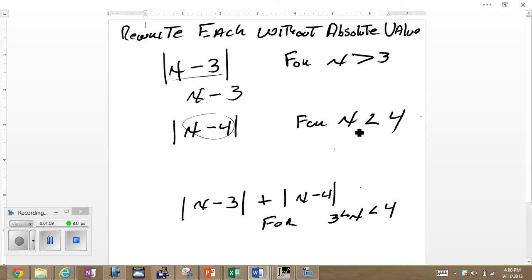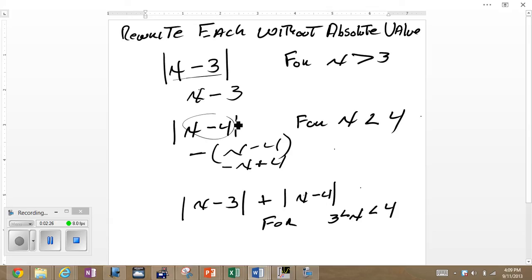Any other value meeting this condition will also result in you getting the opposite of what you had. So to remove the absolute value bars here is at the expense of making this the opposite of x minus 4, which is, if you prefer, the opposite of x plus 4.